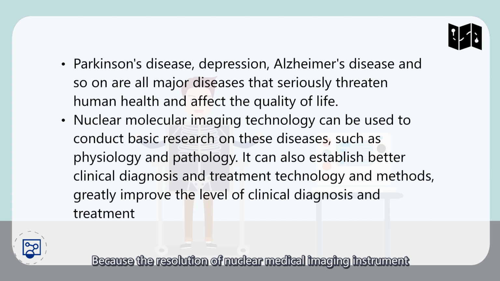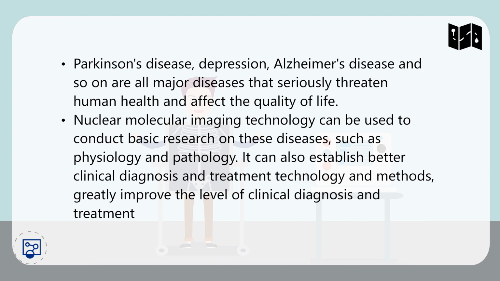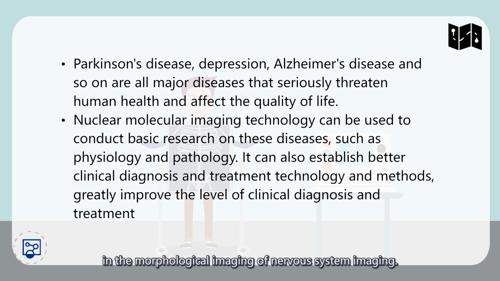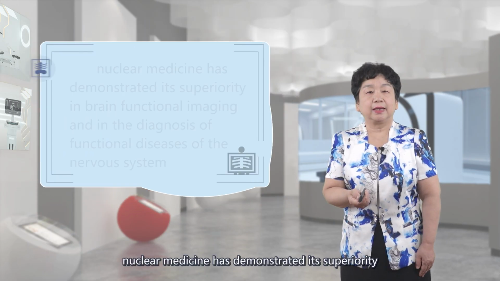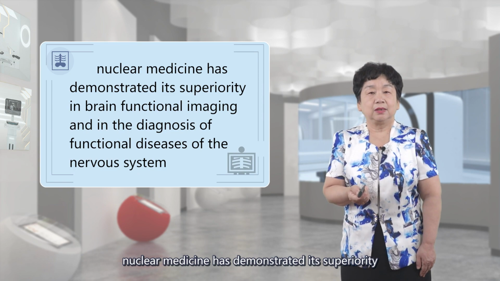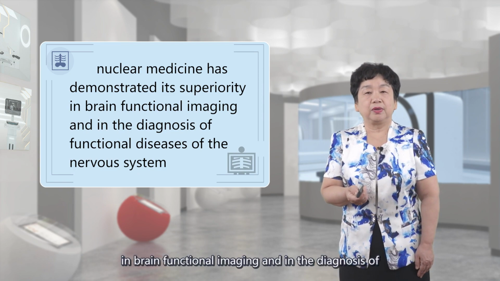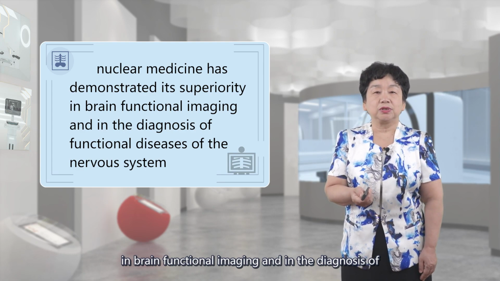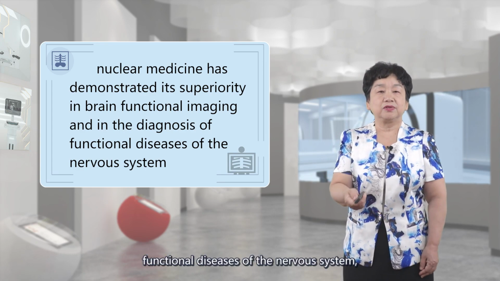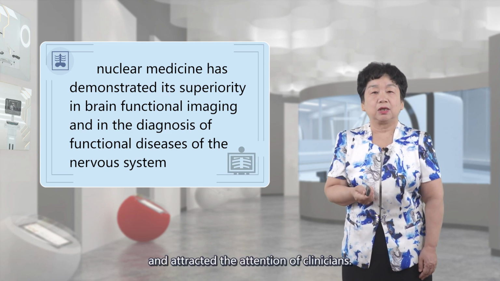The resolution of nuclear medicine imaging instruments is lower than CT and MR in nervous disease. CT and MR have obvious advantages in the morphology imaging of the nervous system. However, since the advent of brain perfusion imaging, nuclear medicine has demonstrated its superiority in brain function imaging and in the diagnosis of functional diseases of the nervous system, and has attracted the attention of clinicians.